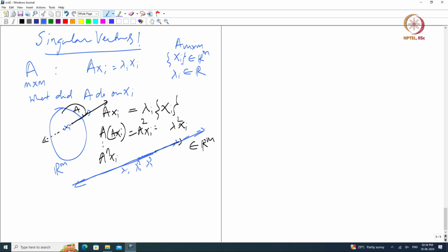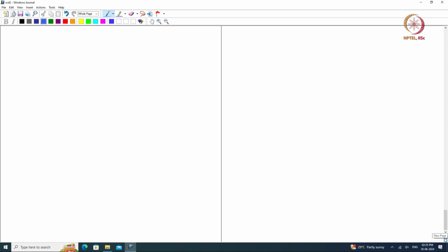This is fine. Now, what do singular vectors do? They must do something similar, but with a small change which is obvious, but nevertheless has to be explicitly shown.